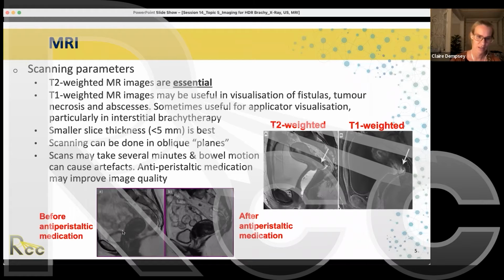The image on the left is before they've taken any anti-peristaltic medication, and the one on the right is after. You can see that the bowel is much clearer and easier to see, along with the cervix as well. So if you're going to do MRI images, it's often very helpful to give the patient some anti-peristaltic medication immediately prior to taking the scan.